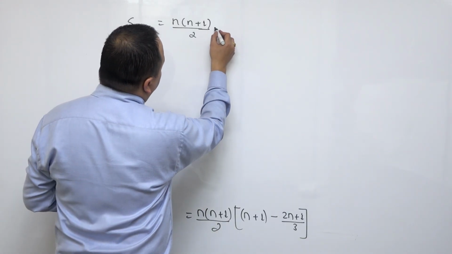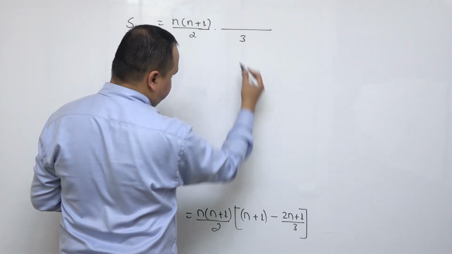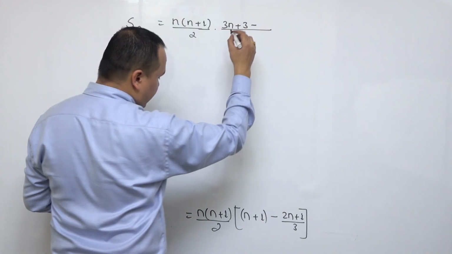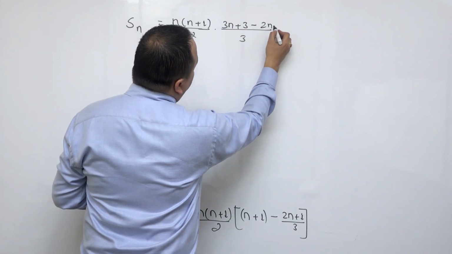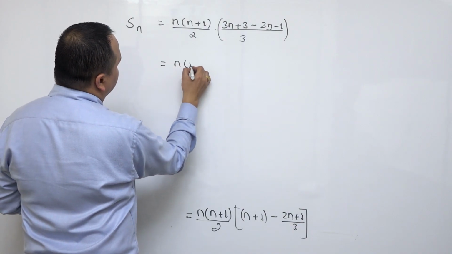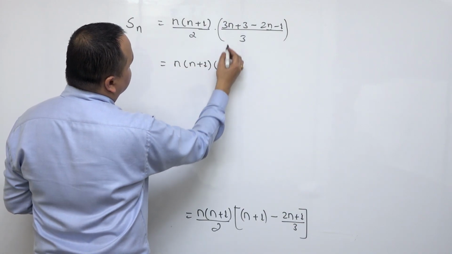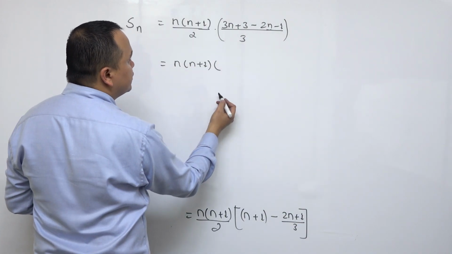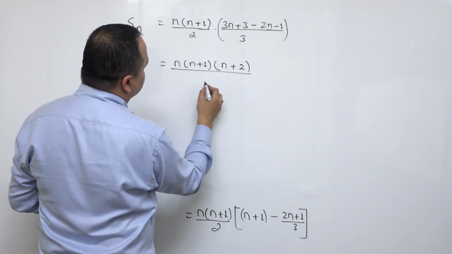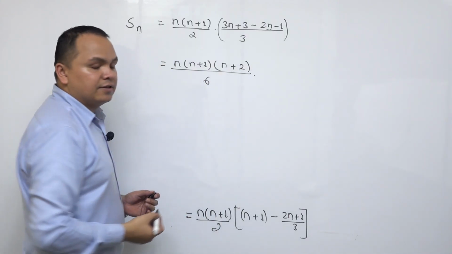And here LCM is 3. 3n plus 3 minus 2n minus 1. n plus 1, 3n minus 2n, n plus 2 divided by 6, which is the answer.